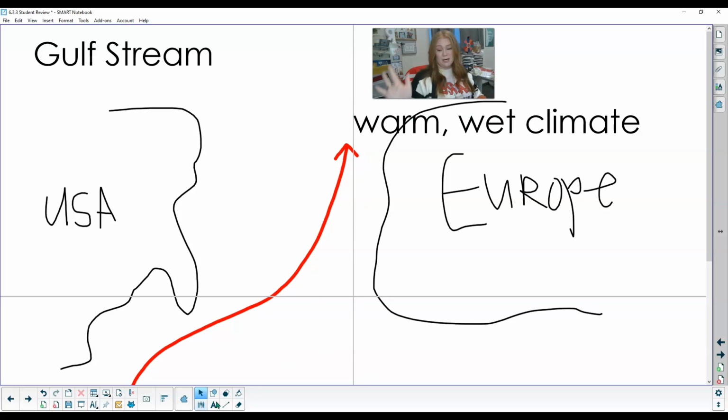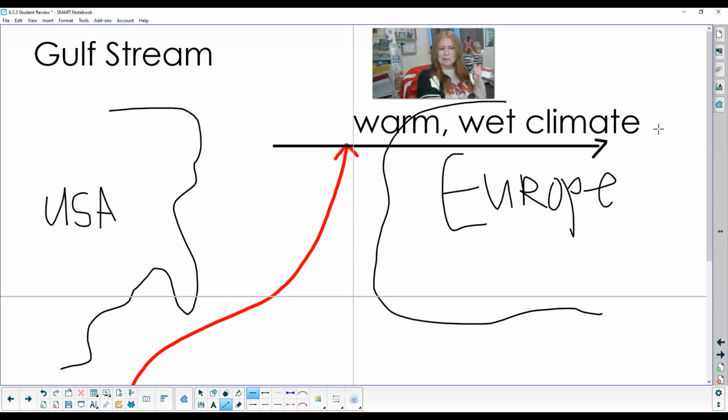And the water and then the wind blows this direction. It's blowing west to east. Sorry, the words left me. Yes, west to east. So over here's the west, and it's blowing this way.